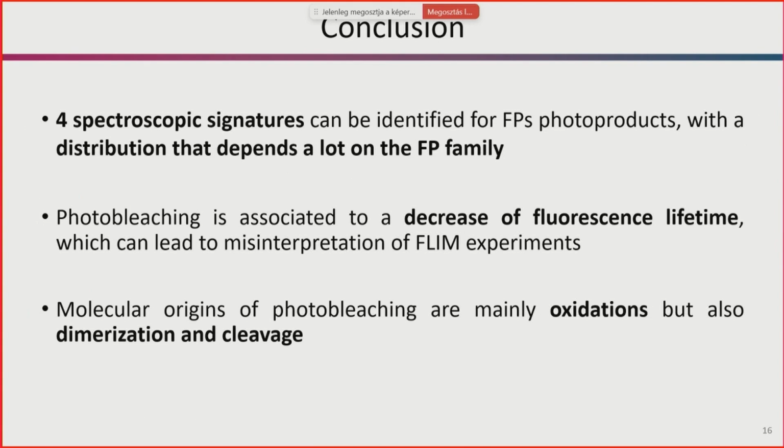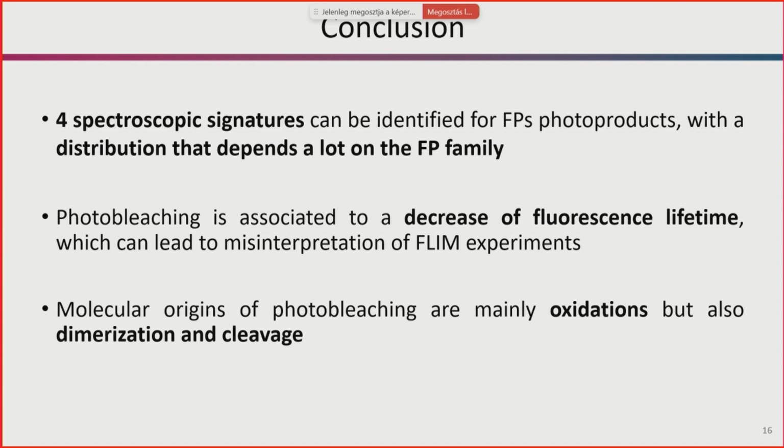So to conclude, we described here four spectroscopic signatures, or four families of photoproducts, for a wide range of FPs. And we saw that the contribution of each photoproduct is really different between the different FPs. And we saw that one of these families is particularly problematic because it can lead to misinterpretations of FLIM experiments.